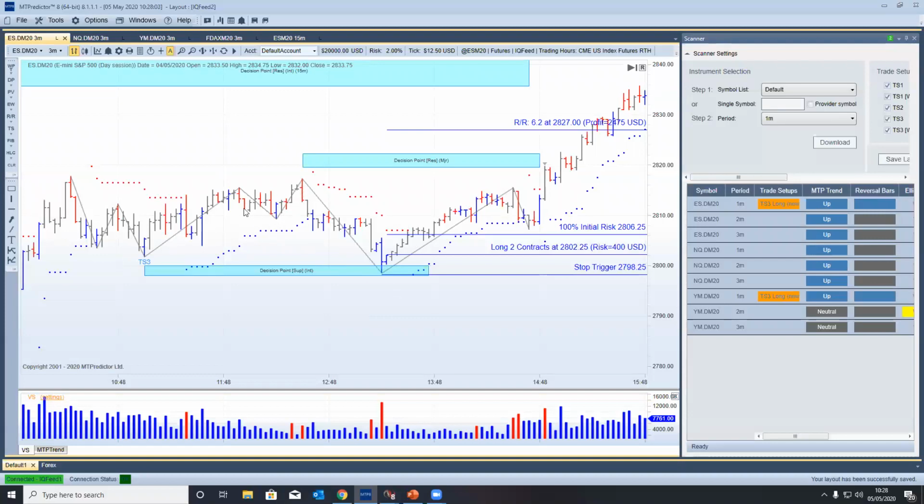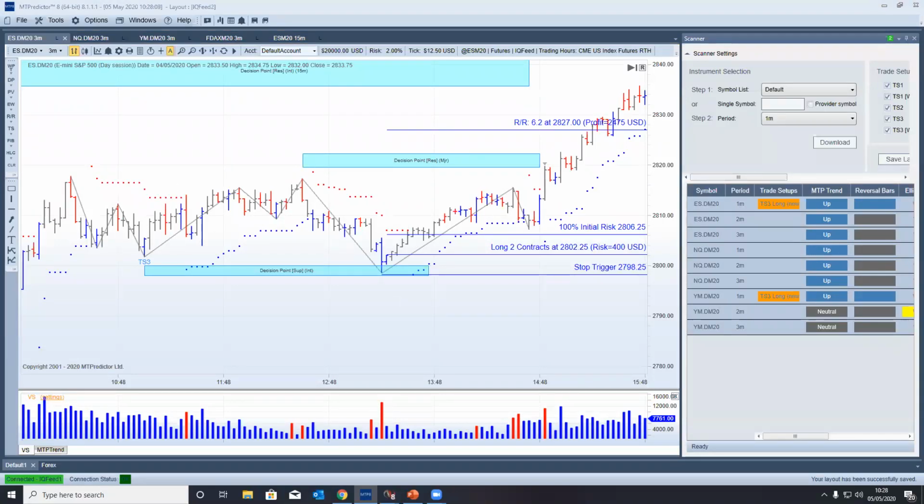If that had been one swing up there, then that would have been printed as a VS setup. This is where you put rules into software. It doesn't always catch everything.